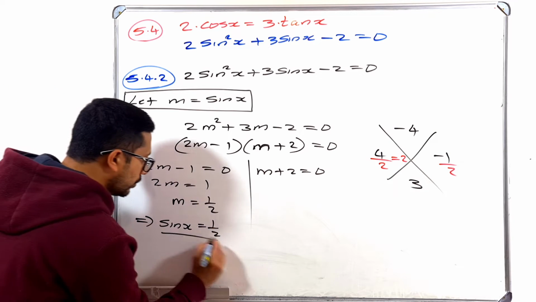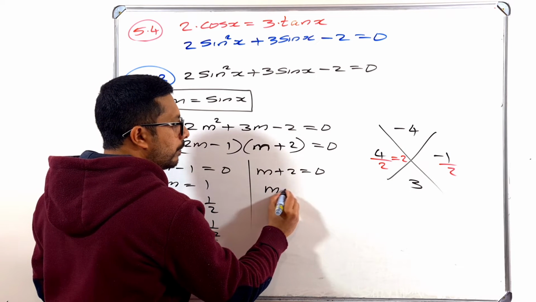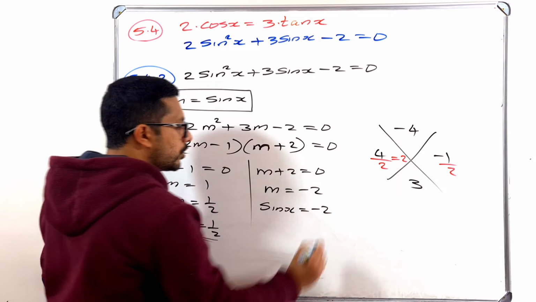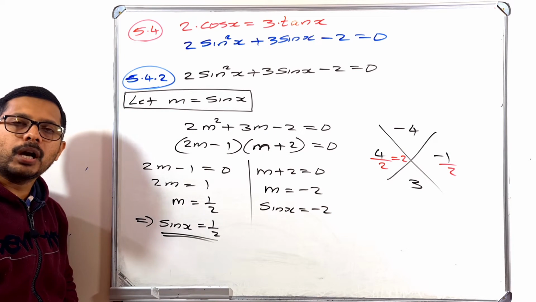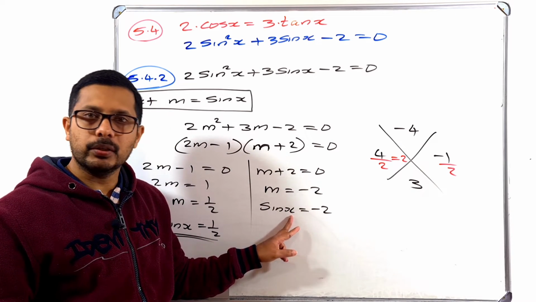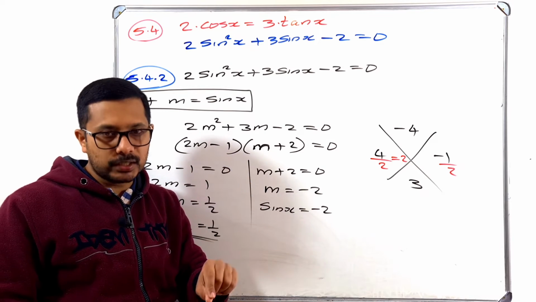There we got one solution: sin x is half. Then from the other factor, m is minus 2, so sin x is equal to minus 2. Do you think you will get an answer for x here? No, because the value of sin x is from minus 1 to 1.